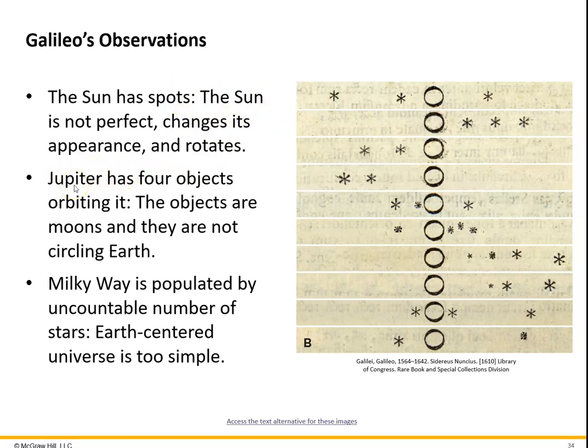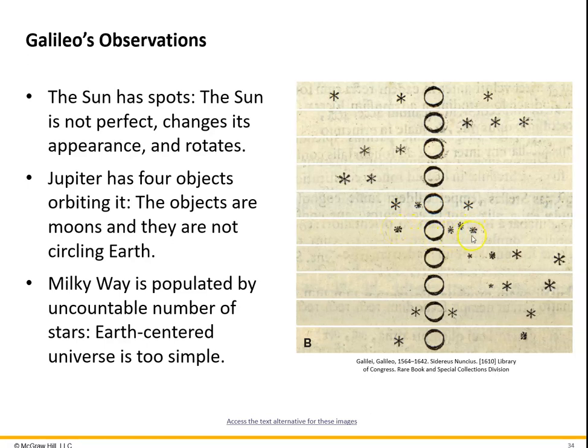One is that Jupiter has these 4 dots. You don't always necessarily see all 4 of them, but on this particular night, you can see all 4 dots. And they change position night after night. In fact, he called them in the following order: Io, Europa, Ganymede, and Callisto.